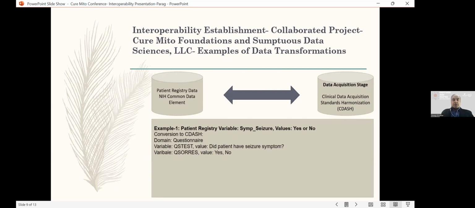For instance, in patient registry data, you have a column called symptom for seizures, and then you have another column stating value yes, no. Now, remember the slide that Rhonda presented about the gender, how differently the gender is represented, and how we can get commonality when it comes to CDISC standards.